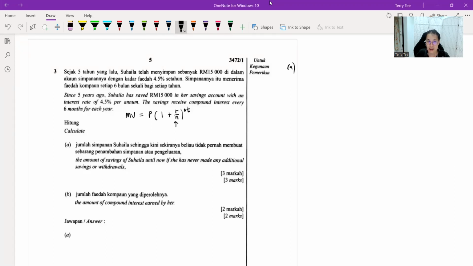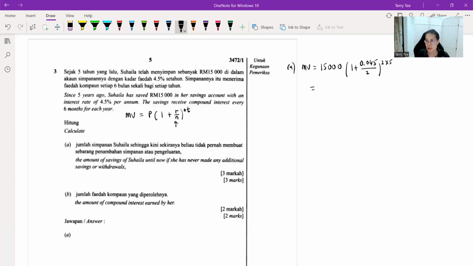So the amount, matured value, equals your principal, 15,000 here, 1 plus your R, the interest rate, 4.5. In decimal, you need to divide 4.5 by 100, which is 0.045. You divide by 2, power 2 times 5. T is number of years. So in this case, it's 10.